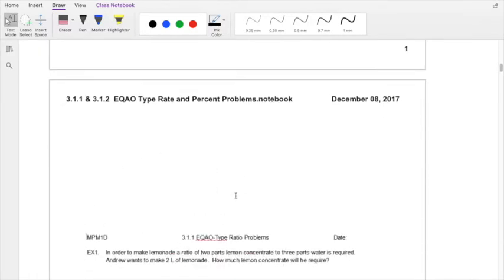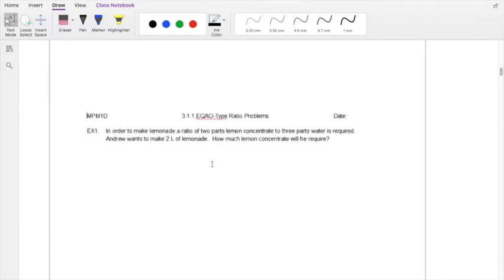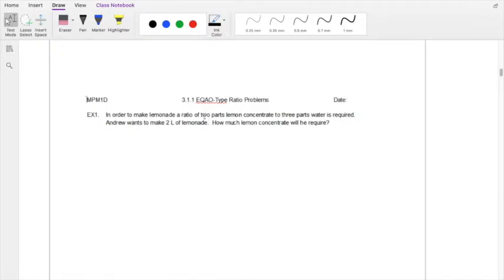My sheet is going to look a little different from the sheet I gave you since I kind of brought things together. So this one here, in order to make lemonade, a ratio of 2 parts lemon, 3 parts water. Okay, so let's take a look here. How many parts do we have? We have 2 parts lemon plus 3 parts water, which is going to equal 5 parts total. Okay, we're making 2 liters.